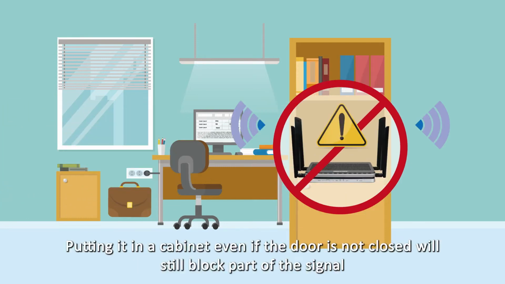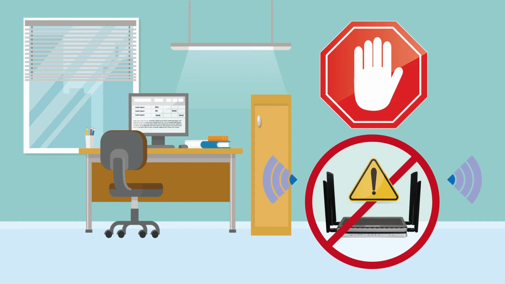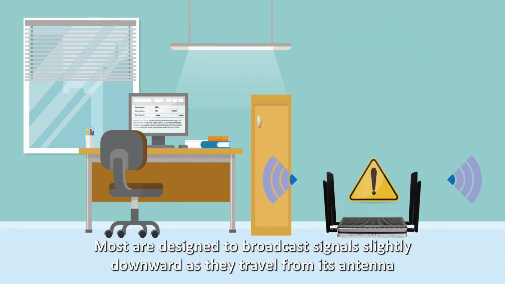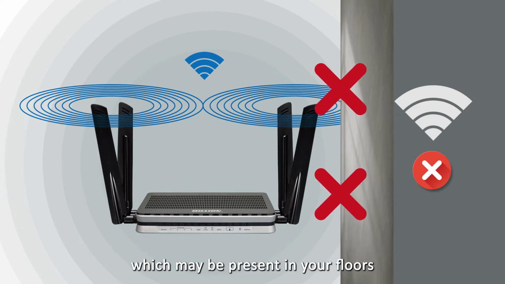Putting it in a cabinet, even if the door is not closed, will still block part of the signal. Don't put the router on the floor. Lift your router off the ground. Most are designed to broadcast signals slightly downward as they travel from its antenna. Additionally, they can't easily penetrate some solid materials, metal, concrete, and cement, which may be present in your floors.